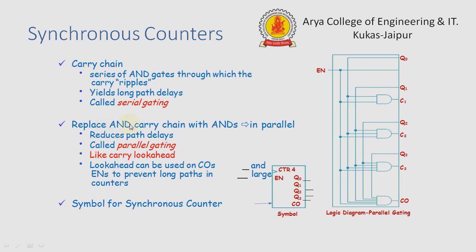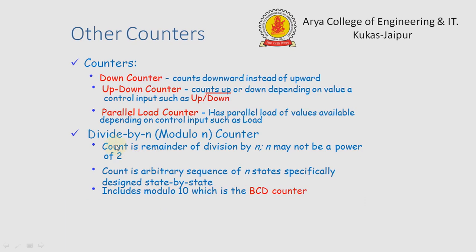In parallel gating, we replace the AND carry chain with ANDs in parallel form, without chaining with each other; they apply directly in parallel. This is called parallel gating, and it reduces path delays.